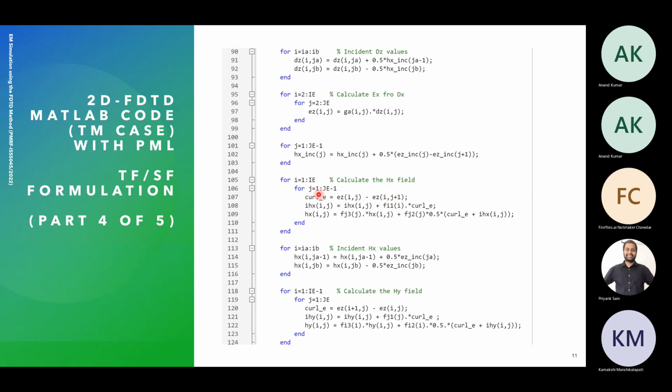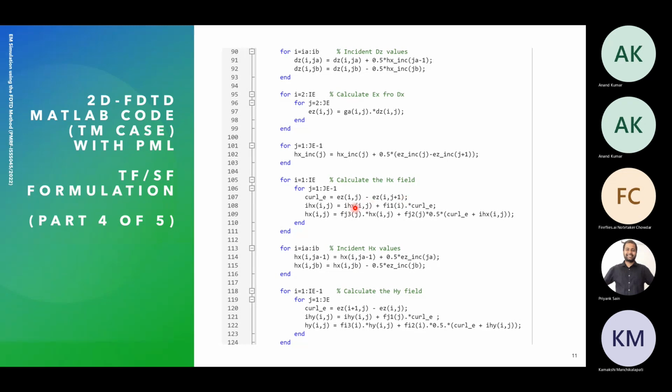If we run the loop from 1 to je, then when j reaches the value of je, this Ez will point towards I comma je plus 1. Nothing is stored over there, so the compiler will throw an error, so we make sure that we do not touch that value.